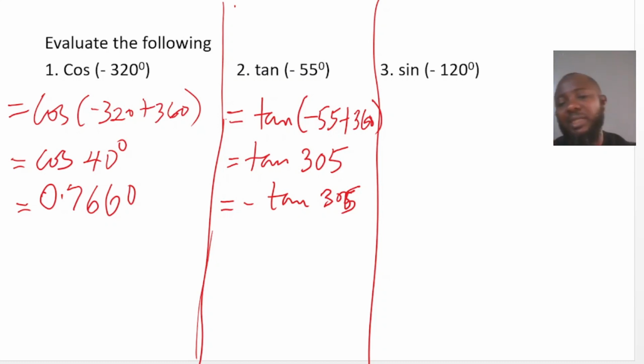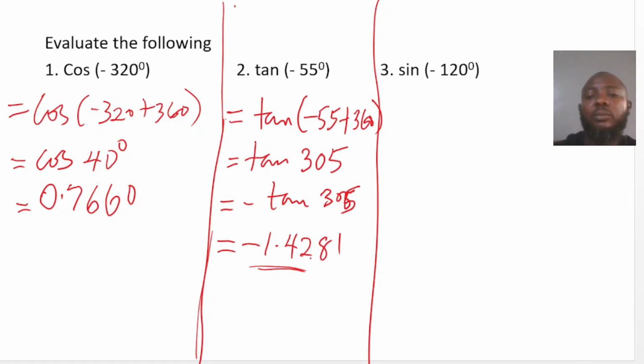It's going to give us negative straight. Is that clear? That's going to be negative. So that is 1.4281. So that is the answer to this one.